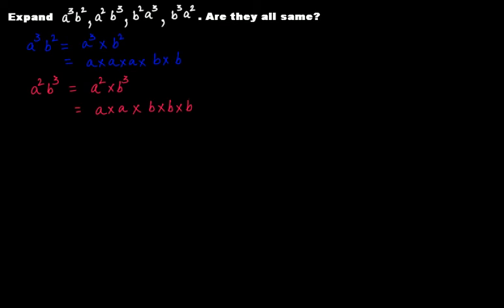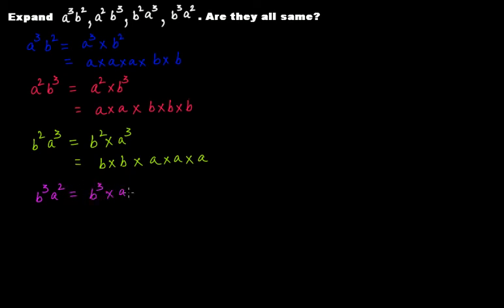Now take the third one, that is b squared a cubed, and you get b squared into a cubed, and this becomes b into b into a into a into a. And the fourth one is b cubed a squared. So this is b cubed into a squared. It means b into b into b into a into a.